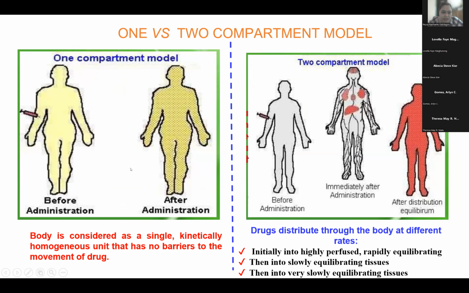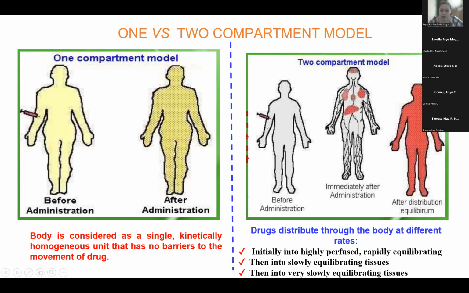So this one is another illustration here. Before administration, definitely there is no drug all over the body. However, after administration for the one compartment model, there will be a homogeneous amount of drug all over the body. There is no barrier. The movement of the drug is constant. Now, this is for the two compartment model, wherein after administration, we have the so-called central compartment.